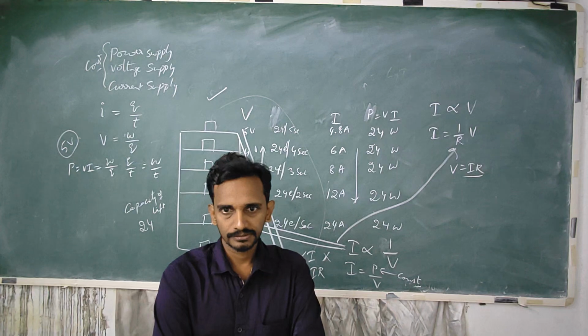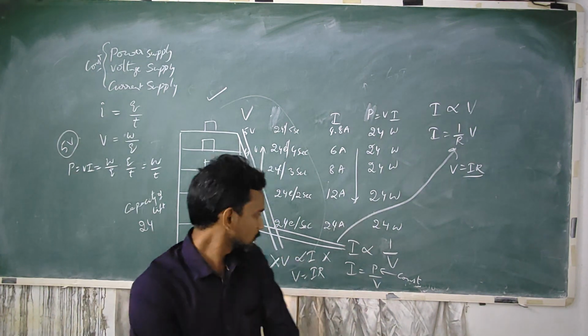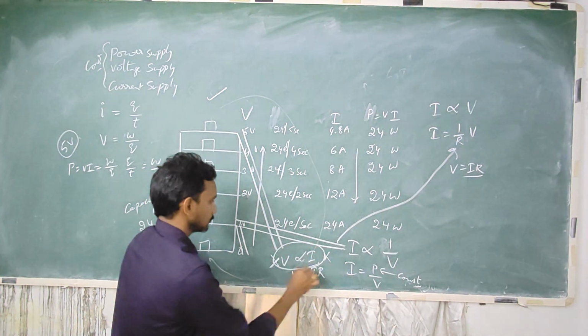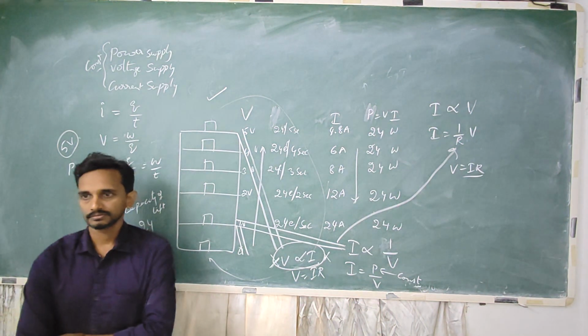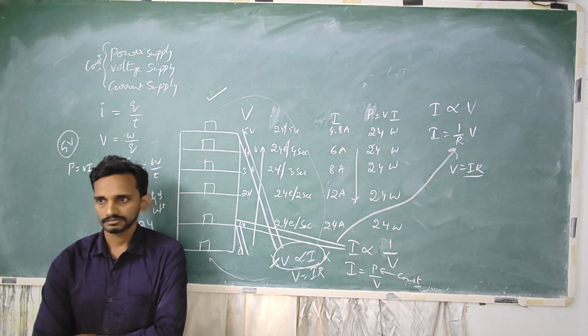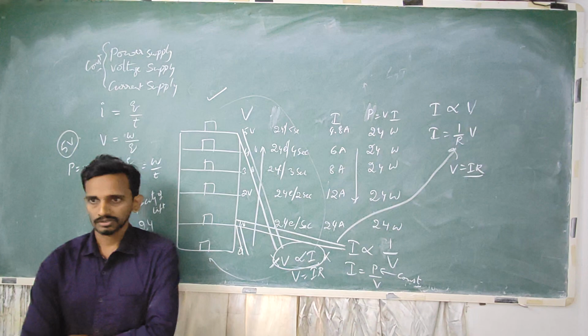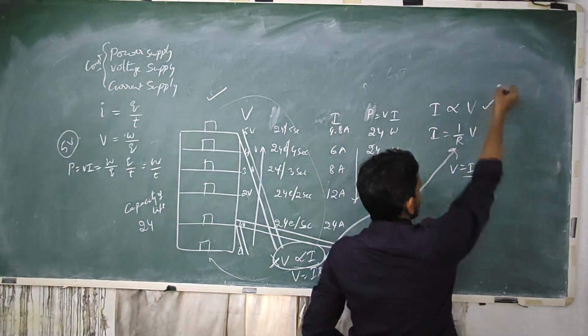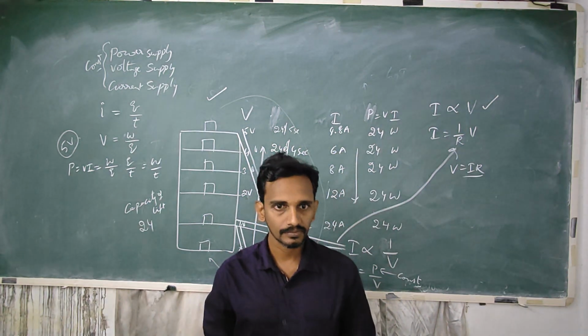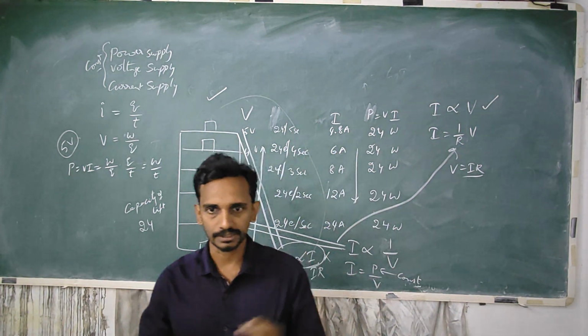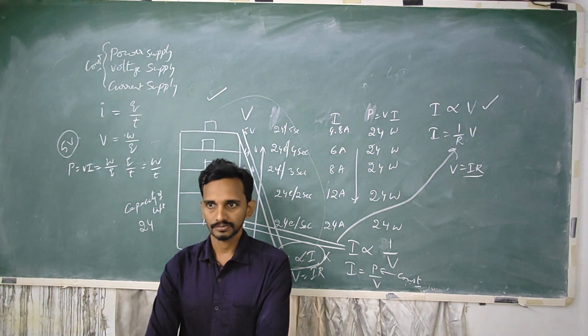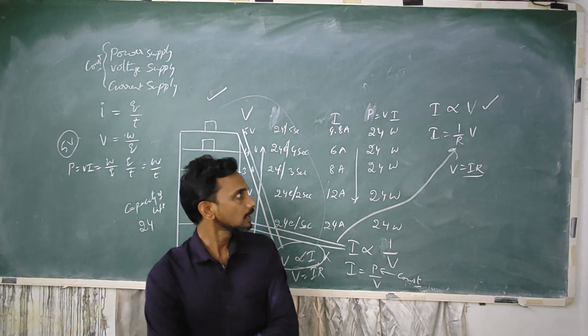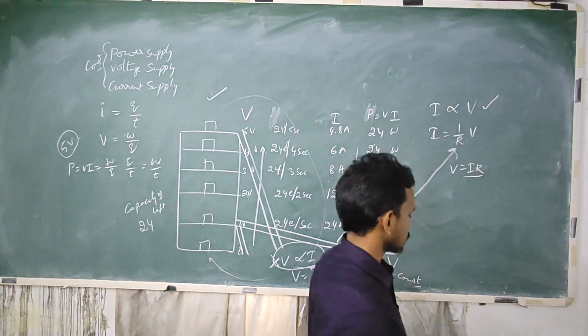Valid. So the first has no meaning in physics. This has a valid meaning. Proportionalities. If you raise the voltage, current increases. So that's called Ohm's law.